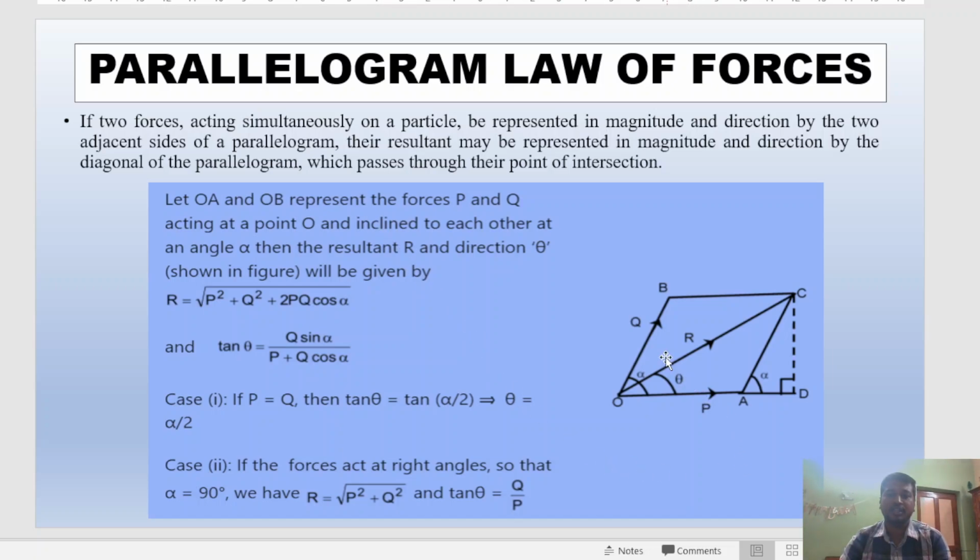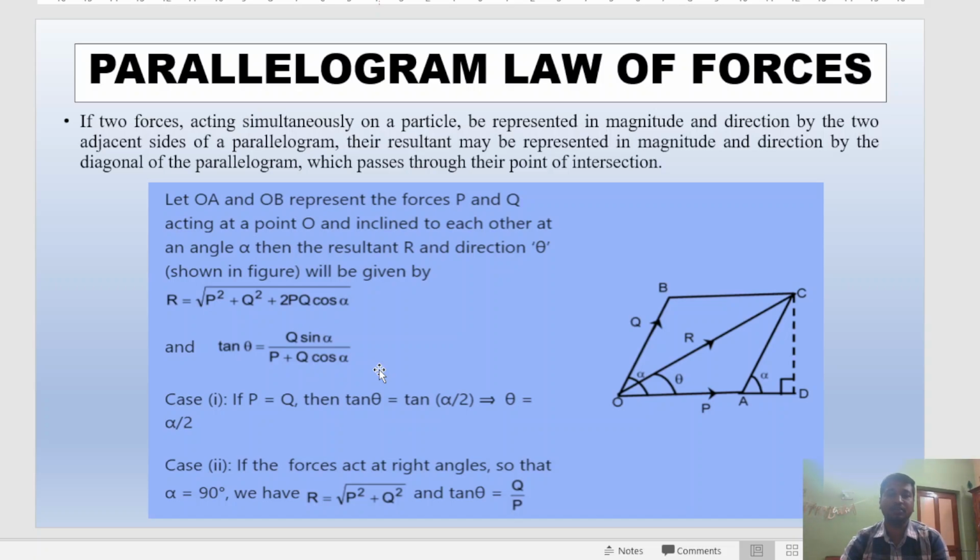So, there are two forces P and Q and their resultant force is R. So, R equals root over P square plus Q square plus 2PQ cos alpha, and tan theta equals Q sin alpha by P plus Q cos alpha. So theta equals tan inverse of Q sin alpha by P plus Q cos alpha.